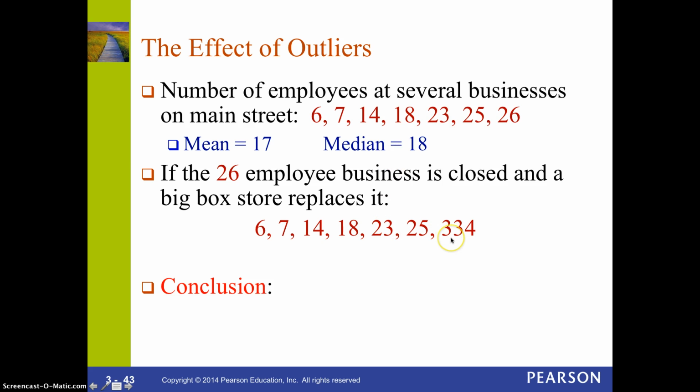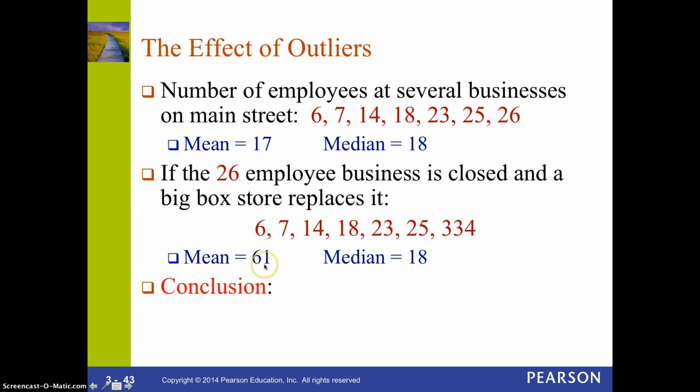Now what's going to happen to my mean and my median when this big store that employs lots of employees moves in? The median actually stays the same. It's still 18, but the mean became much larger at 61. That's because the way you calculate a mean is by adding them all up. Instead of only adding a 26, you're now adding a 334.